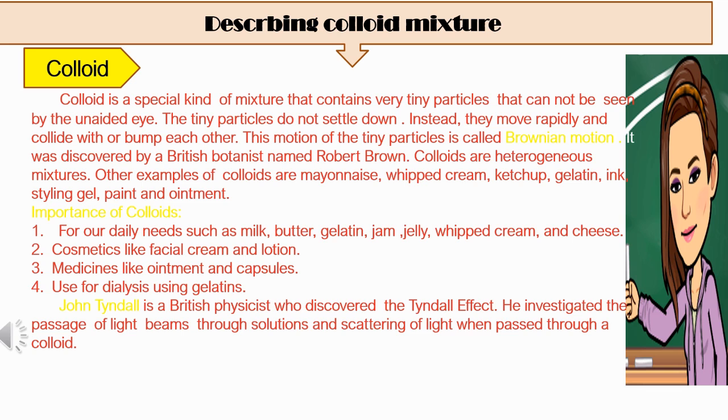The tiny particles do not settle down. Instead, they move rapidly and collide with or bump each other. This motion of the tiny particles is called Brownian motion. Brownian motion was discovered by a British botanist named Robert Brown.